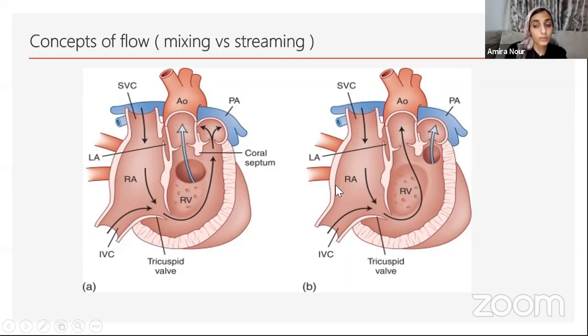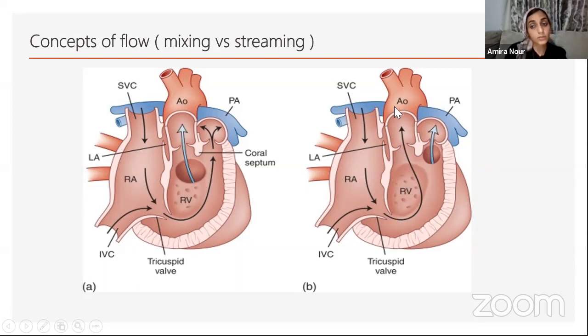However, on the other hand, let us look at the pathophysiology in a patient with DORV subpulmonic VSD. Here again the 100% oxygenated blood will be pumped from the left ventricle through the subpulmonic VSD into the pulmonary artery, and the desaturated blood from the systemic veins will be pumped from the right ventricle to the aorta. So here, as if we are having two separate circulations that are in parallel and not in series.